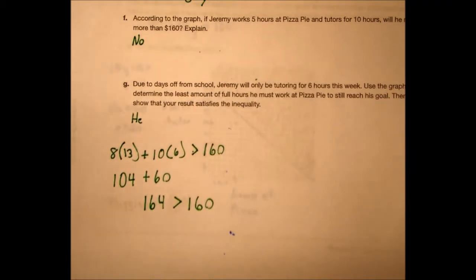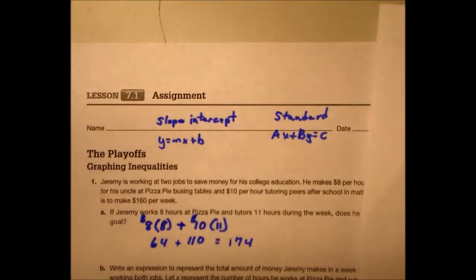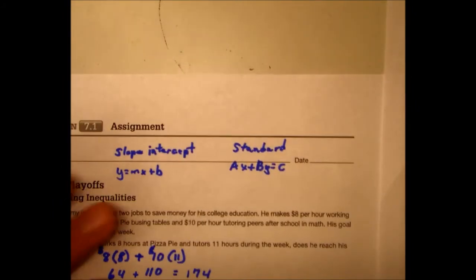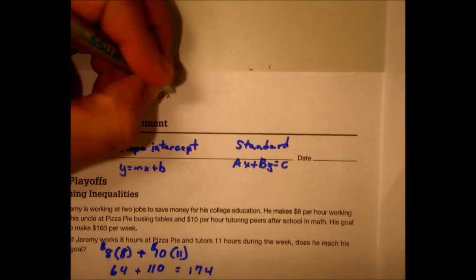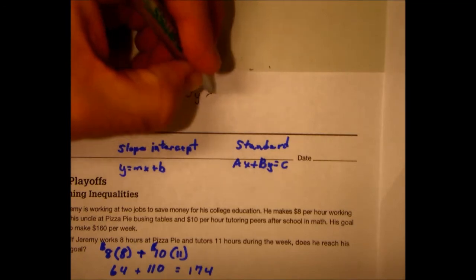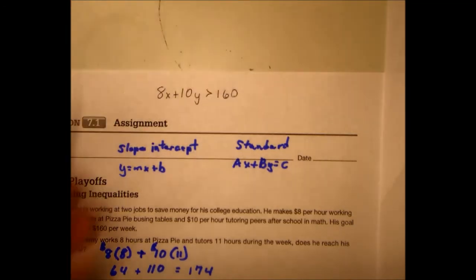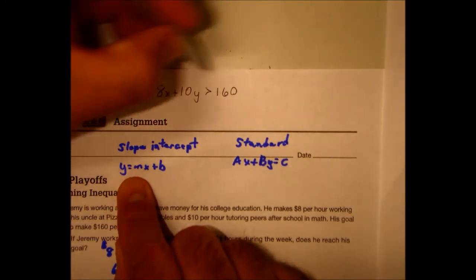All right, so in this one, we do a test to see where the answer is. We also understand how to write an inequality, how to graph it based on its style. Now, hopefully you remember, if you wanted to, you could change this into slope-intercept form, which means you'd move the x over, right?